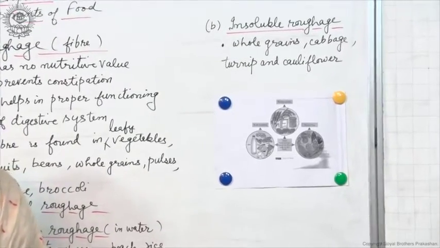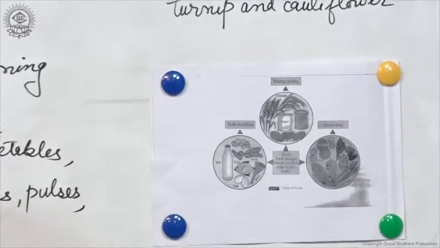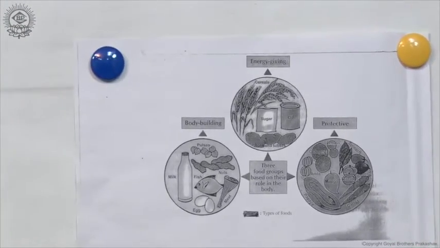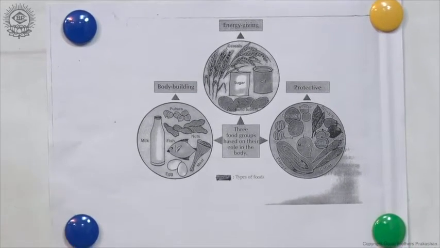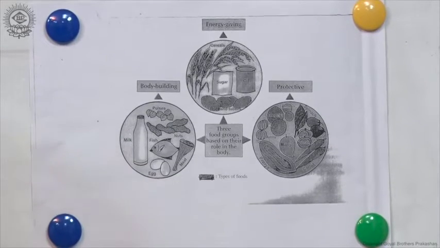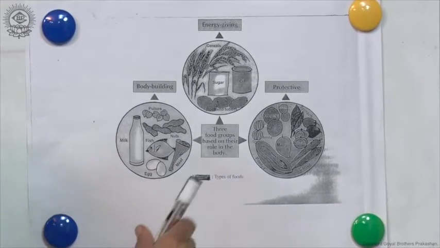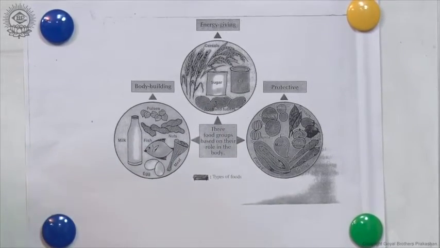Now our food should contain energy giving food, body building food and protective foods. Now this figure shows 3 food groups. Let us first go to the energy giving group.